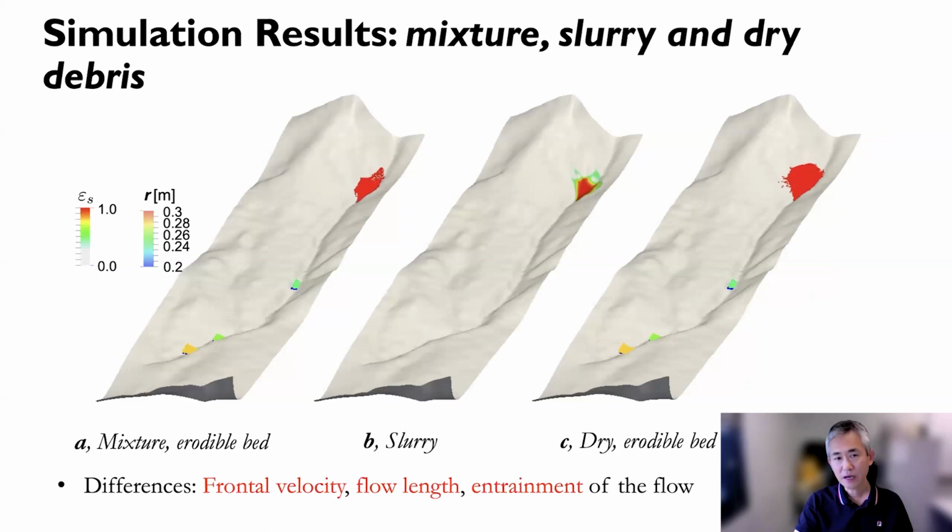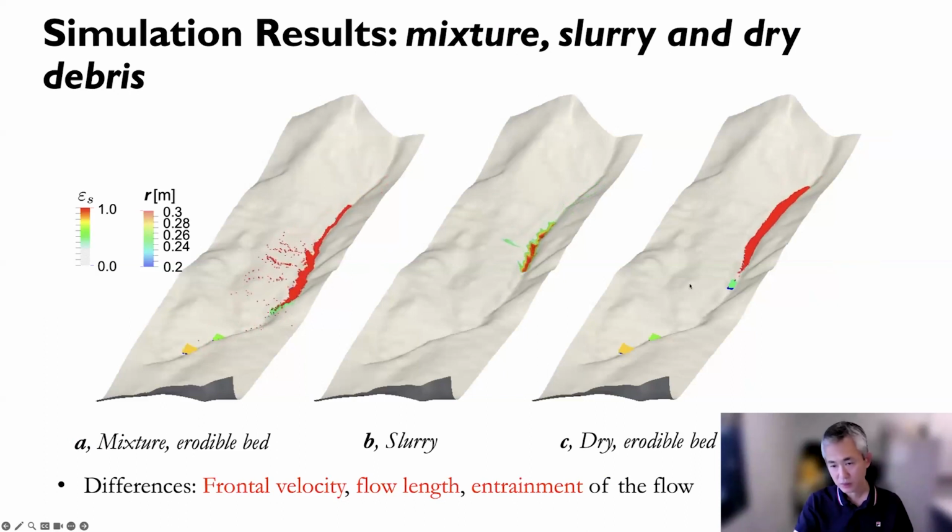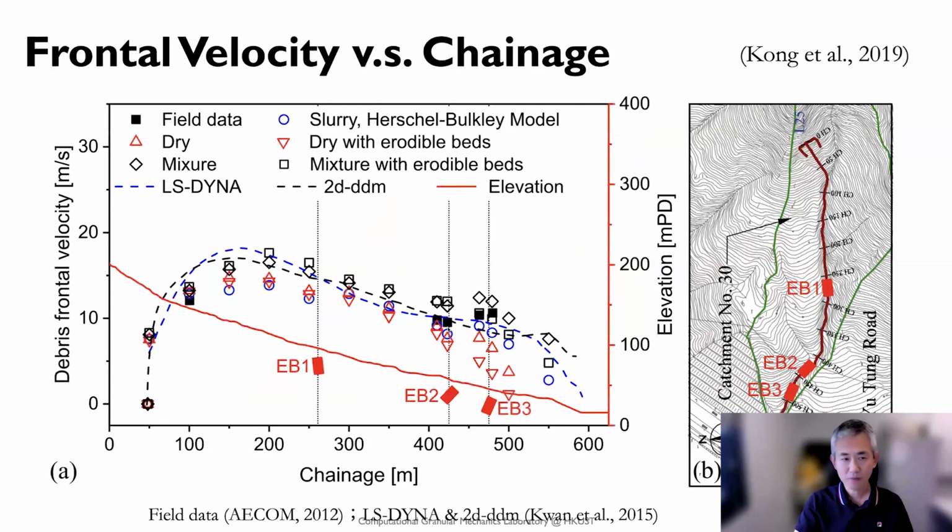Here is the comparison of 3 cases that we simulate. The first one is a mixture, the middle one is pure slurry, a pure CFD simulation, and the right one is a dry erodible bed, a pure DEM simulation, the dry one. Then we further compare their front velocity versus distance along the flow path, and we find that the mixture simulation really matches the observation pretty well.